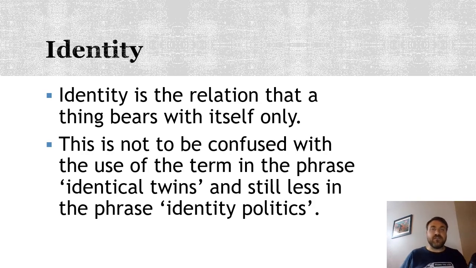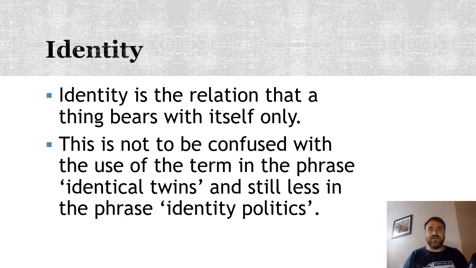This is not to be confused with other usages of the word identity or identical that are common in English. For example, in the phrase identical twins, we mean qualitatively identical, not numerically identical. You can't have two people be identical in the sense that we're concerned with here, because there'd be two of them.